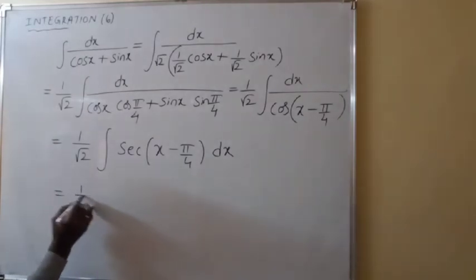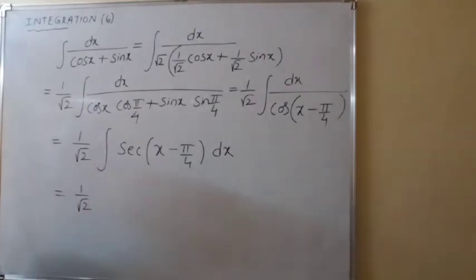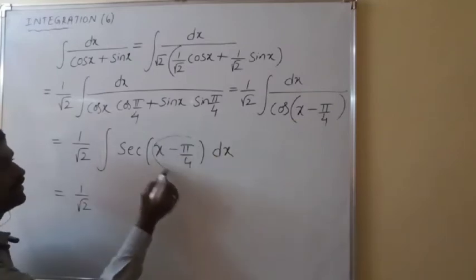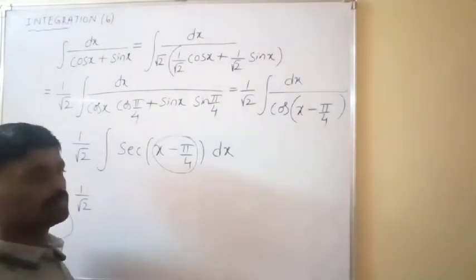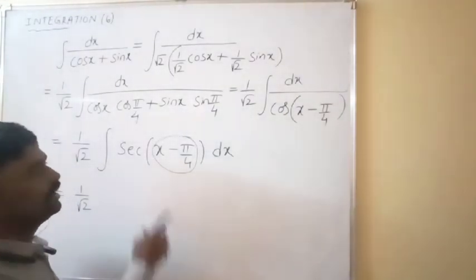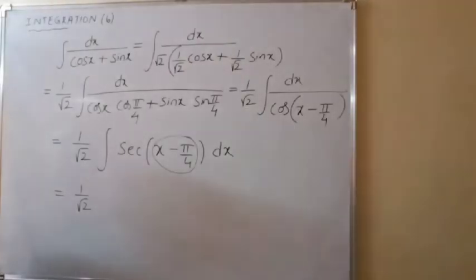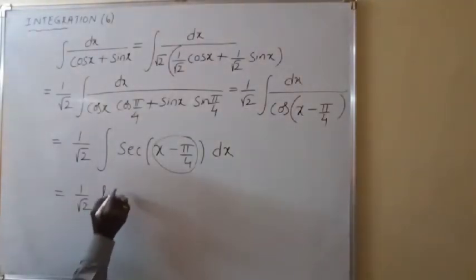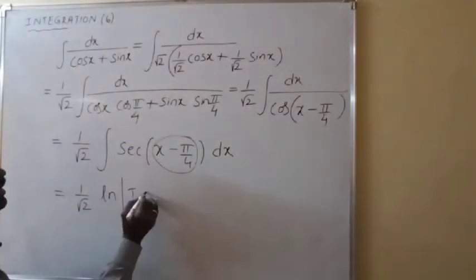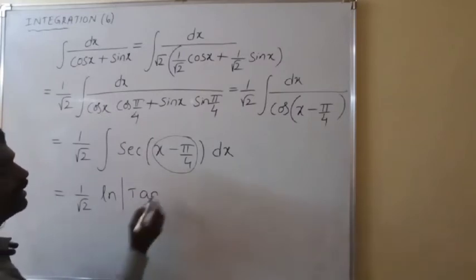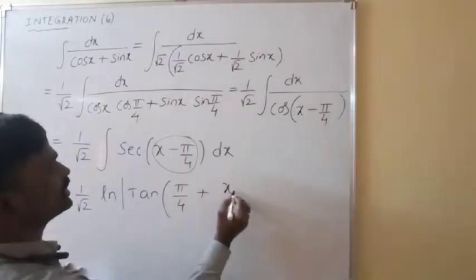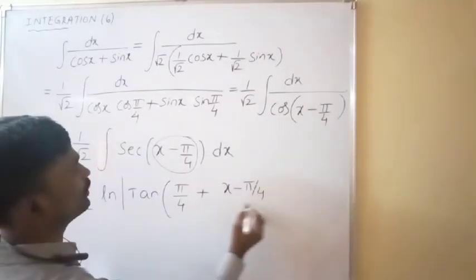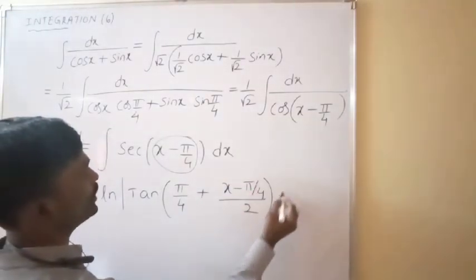So 1 by root 2, integral secant x formula. Using the same formula, because instead of x we have the linear factor x minus pi by 4. So the same formula is applicable, but we have to divide with what? The x coefficient. Again here the x coefficient is 1. Okay. So ln of modulus of tan of pi by 4 plus x by 2, what is x here? x minus pi by 4, divided by 2, plus c.